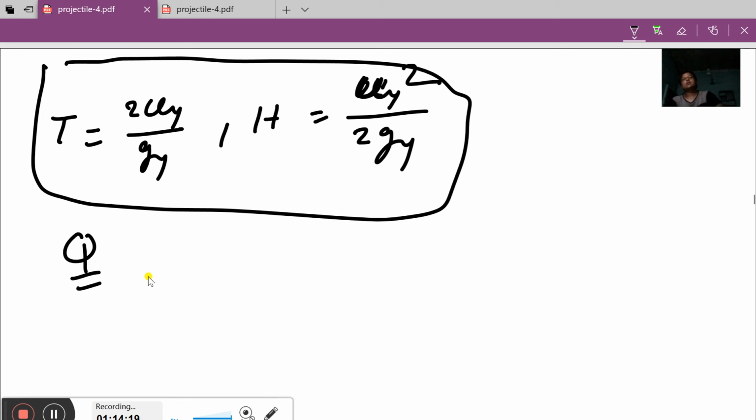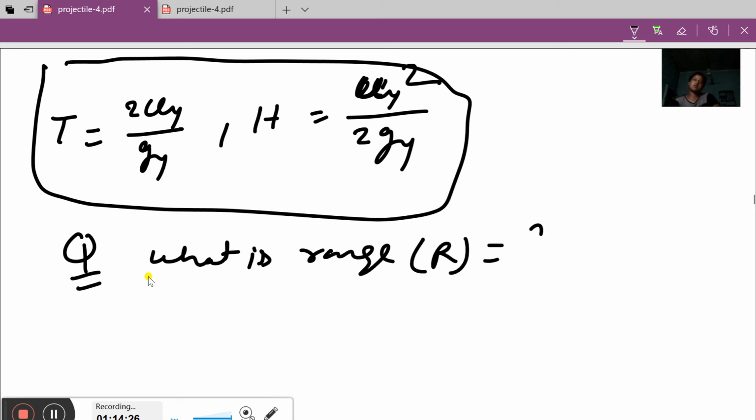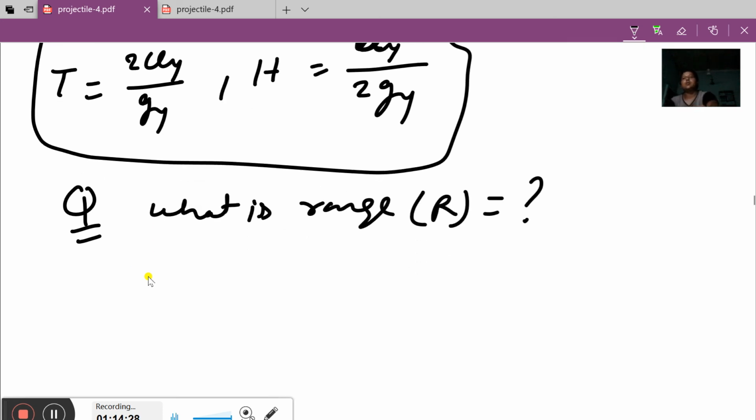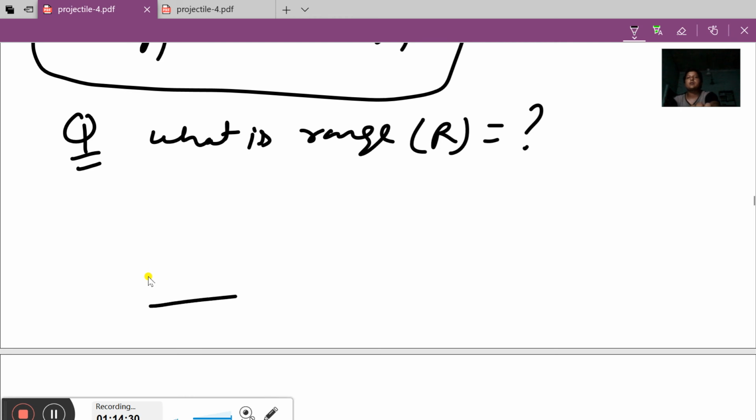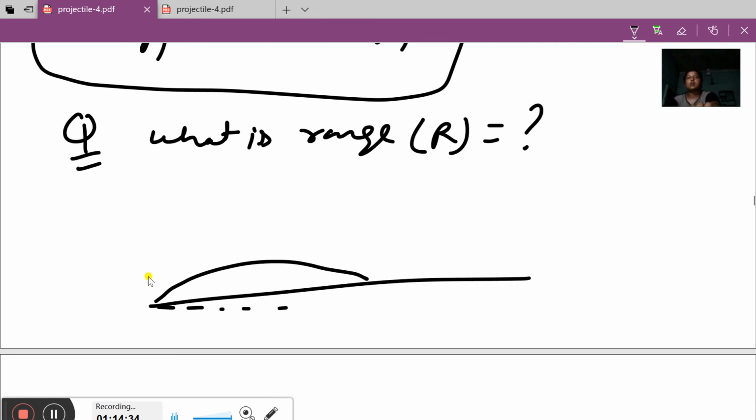In this case, what is range? Range formula. This one is our range. In this direction, speed is u cos theta, and in this direction, retardation is g sin alpha.